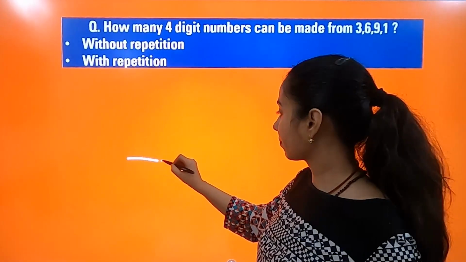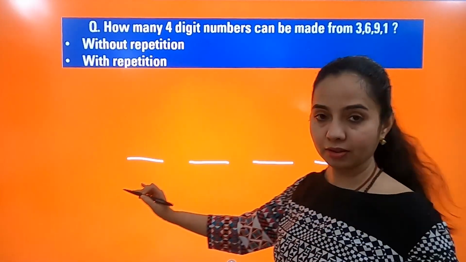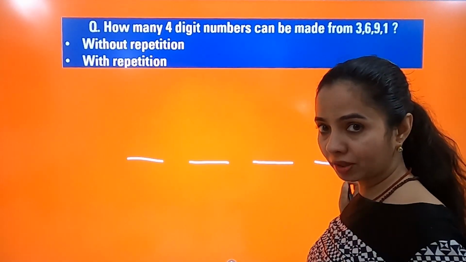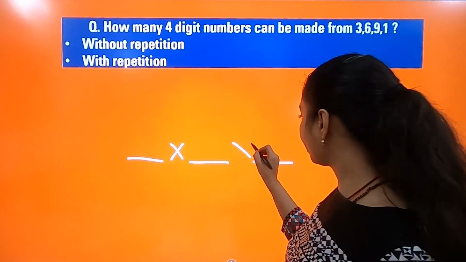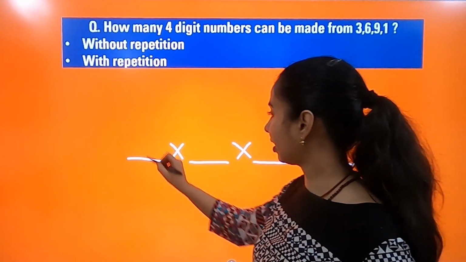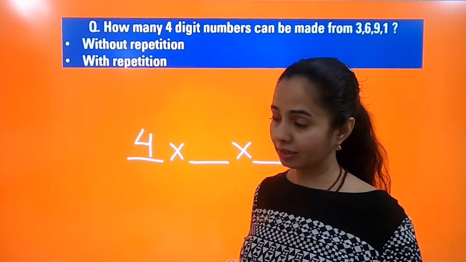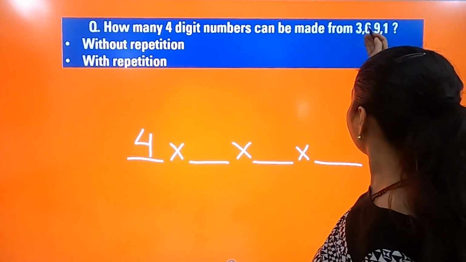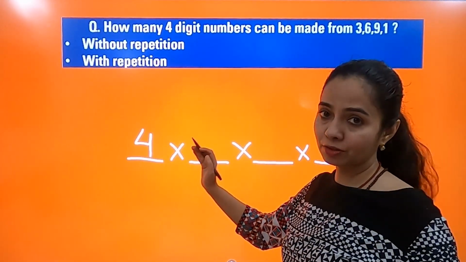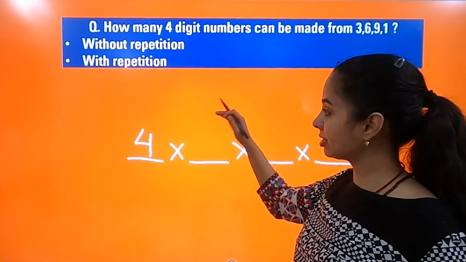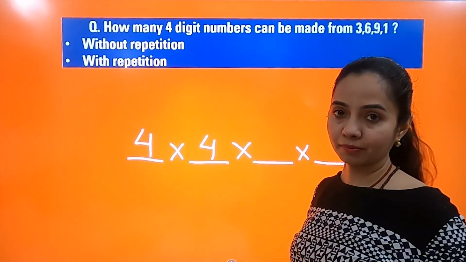Now we'll do the question with repetition, right? Here again we have to form a 4-digit number. So for the first place, how many options do I have? I have 4 options, right? Because I can use any of these digits, 3, 6, 9 and 1. Since repetition is allowed, again I can use any of the digits 3, 6, 9 and 1 for this place also. So I'll multiply by 4.